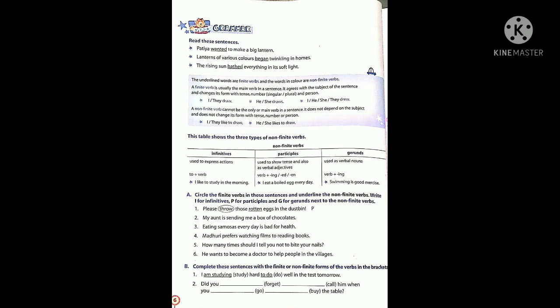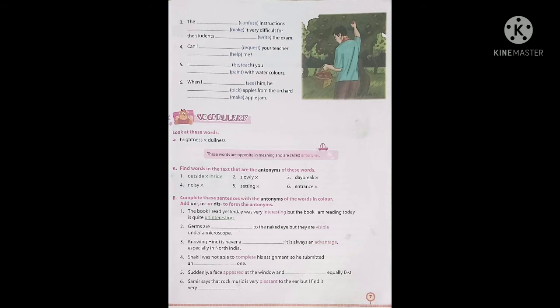Third one, the dash confuse instructions dash make it very difficult for the students dash write the exam. Answer is, the confusing instructions made it very difficult for the students to write the exam.